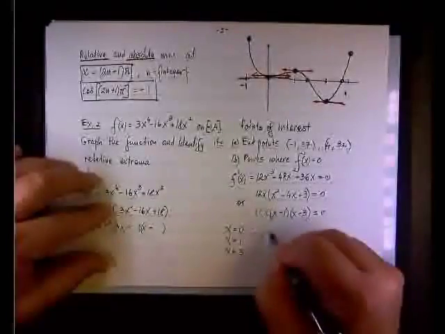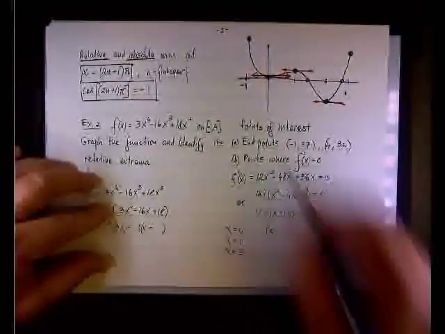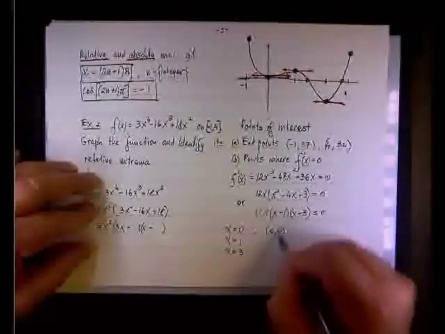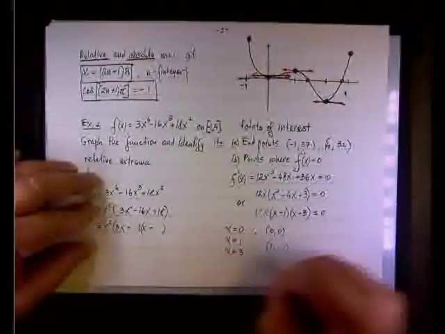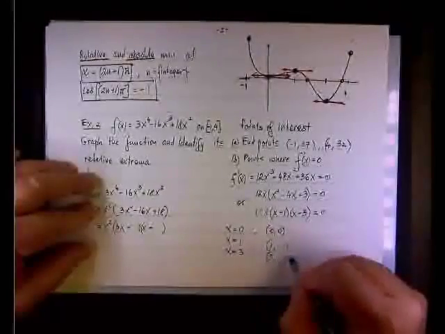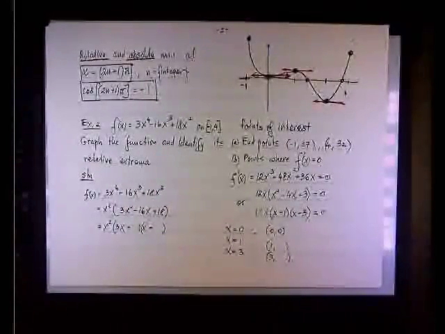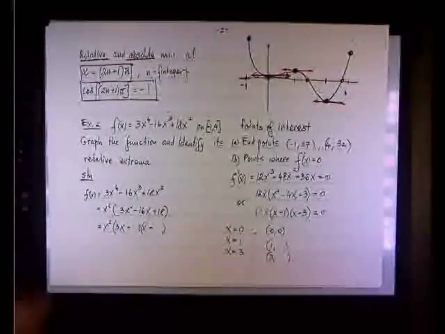So the points will be 0, and of course when x equals 0, so is y. The other point will be 1 and something, and the last one will be 3 and something else. So again, if you have the trace on your graphing calculator, or you want to calculate it in your head, you can see that when x equals 1, y equals 5, and when x equals 3, y equals negative 27.